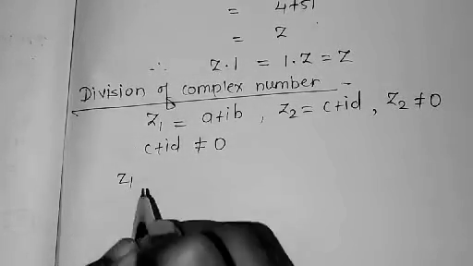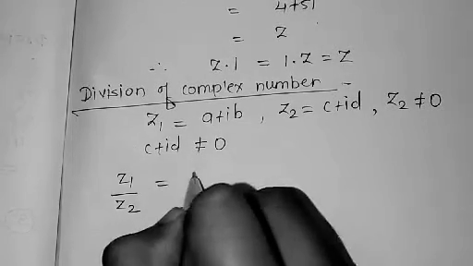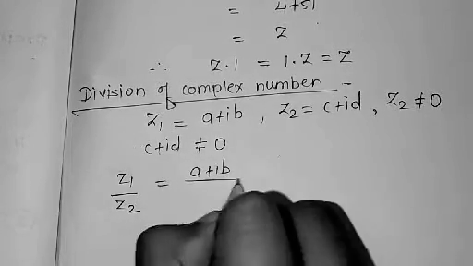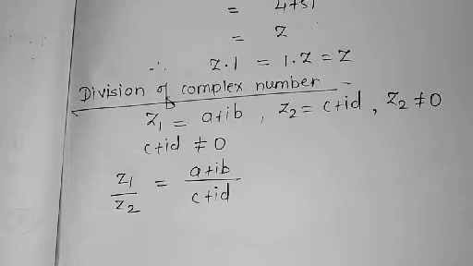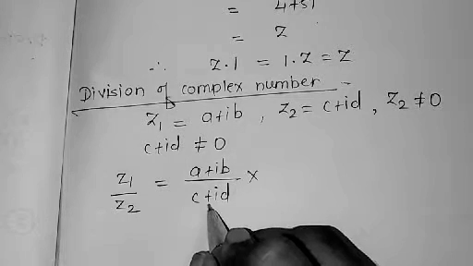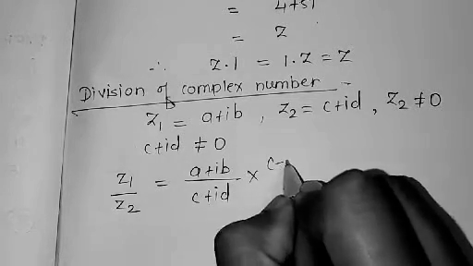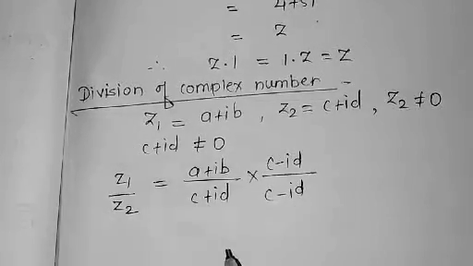So the division is defined as z1 divided by z2 is equal to a plus ib upon c plus id. In the division we have to multiply and divide by the conjugate of z2. So here we multiply and divide by the conjugate of z2, that is c minus id upon c minus id.